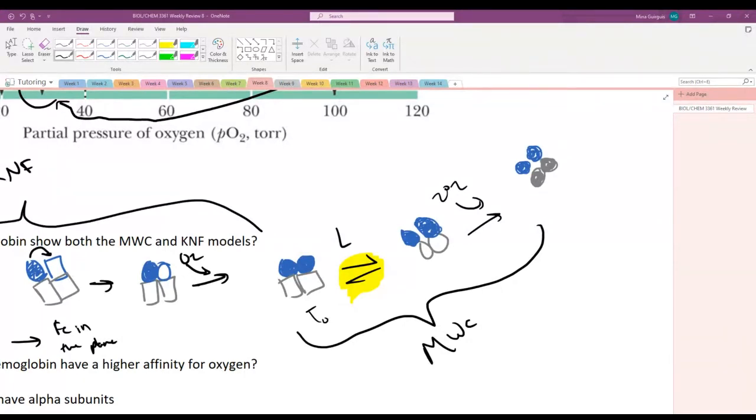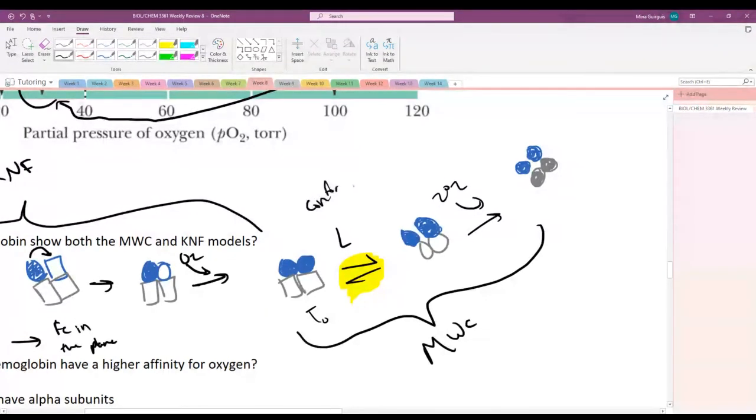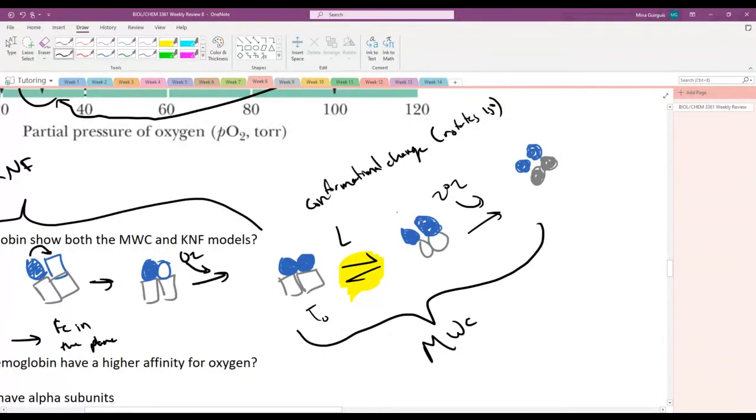The answer is, as soon as the second oxygen binds to the second alpha subunit, there ends up being a fairly large conformational change. Basically, it opens the beta subunits a little bit, the active sites a little more, and makes both of them more available to oxygen. It rotates about 15 degrees, by the way, which is fairly large, even for a giant protein.